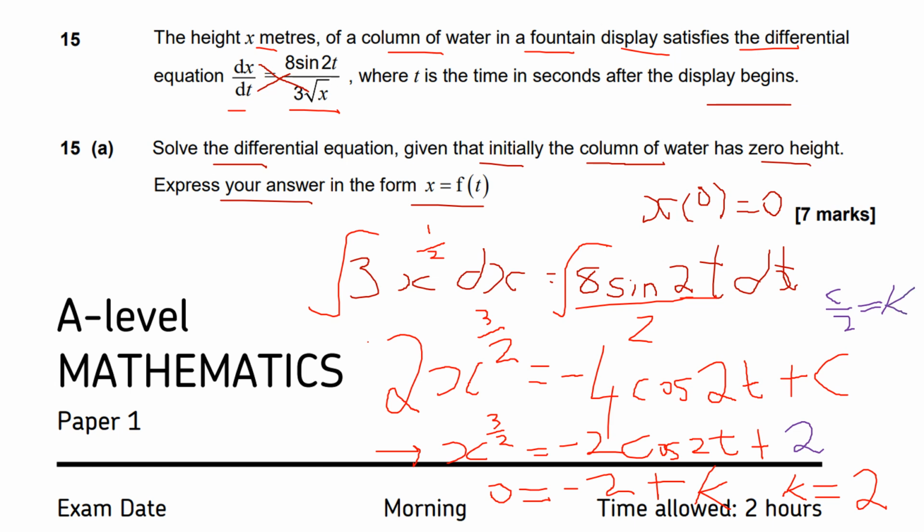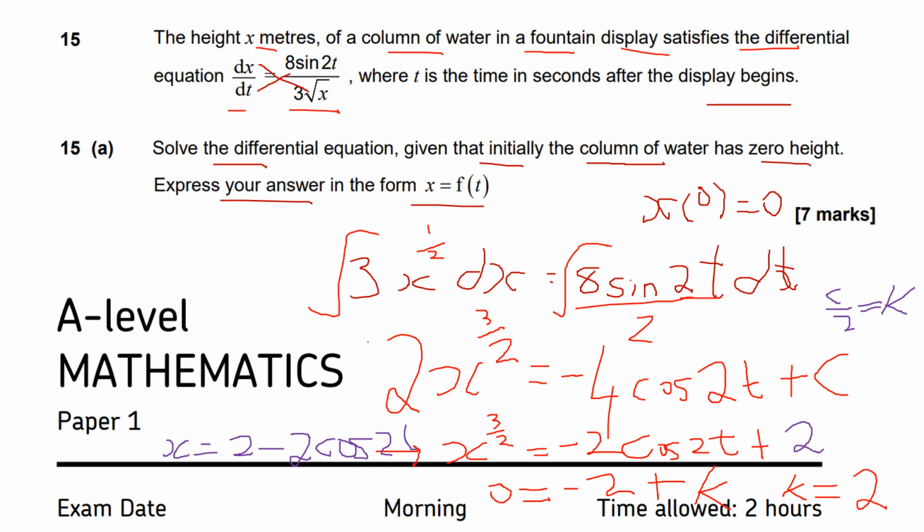But if you want to make it look a bit neater, then you would have x equals 2 minus 2 cos 2t, all to the power of 2/3.